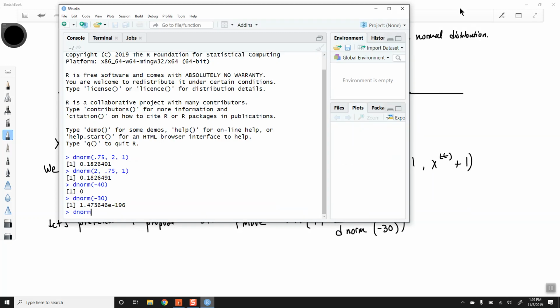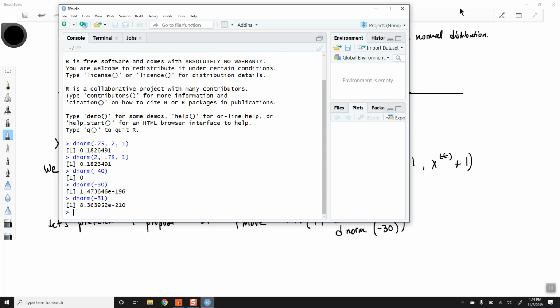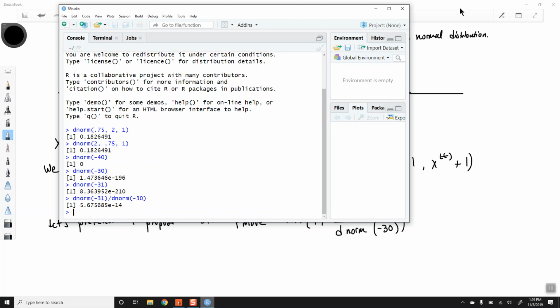So dnorm of minus 31 divided by dnorm of minus 30. I will only accept negative 31 with a probability of 10 to the minus 14, which means I'm not going to accept it. If I propose negative 31, I'm not going to go in that direction.